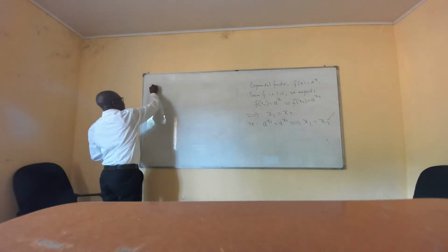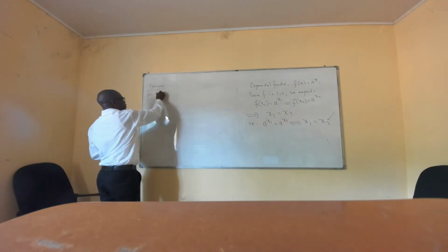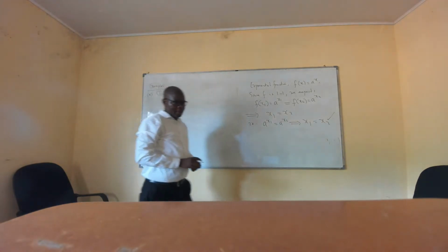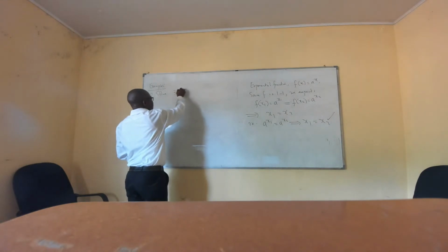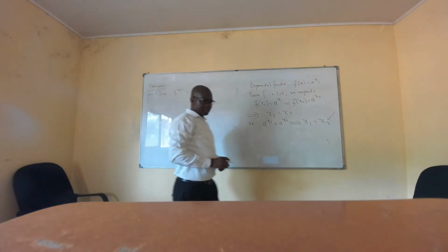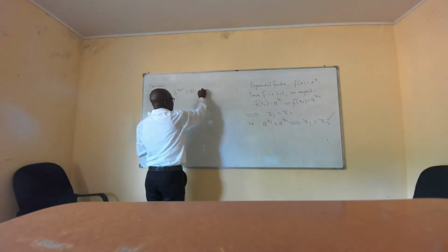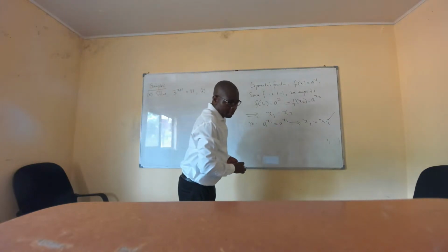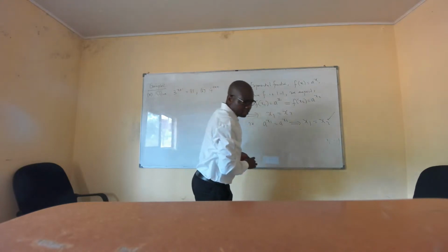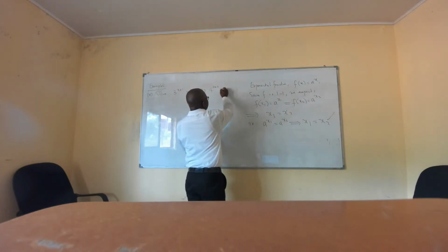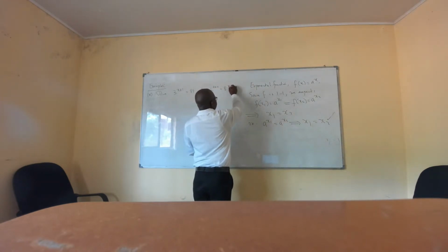So examples. A says solve 3 to the power x plus 1 equals 81. B: 4 to the power 2x minus 1 equals 8 to the power x plus 3.